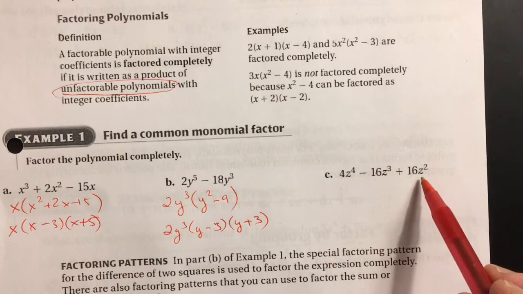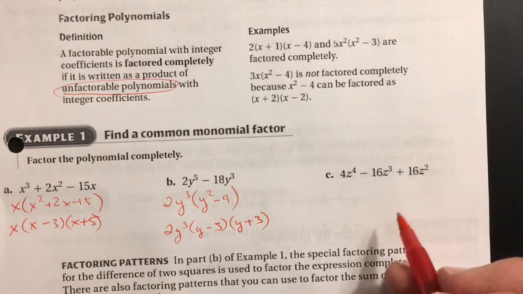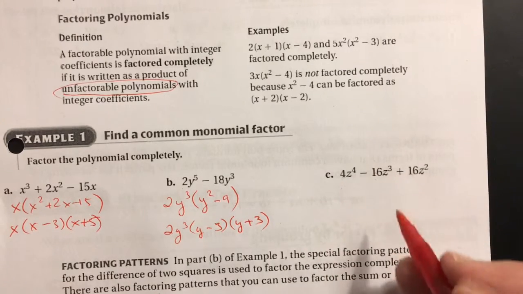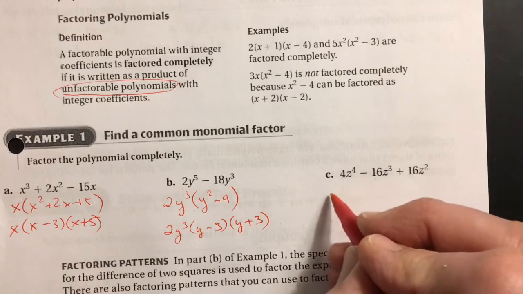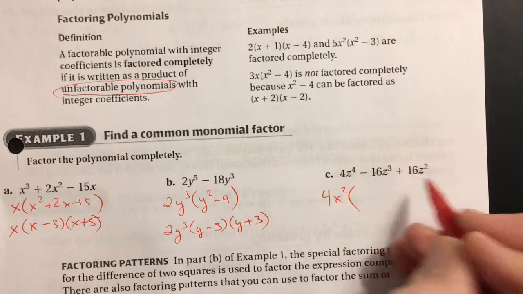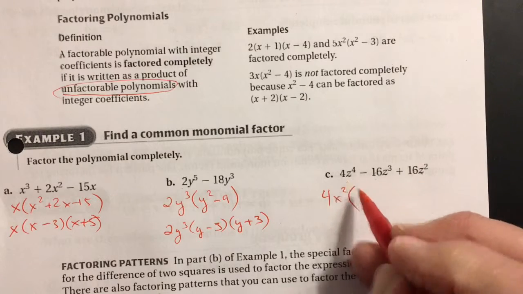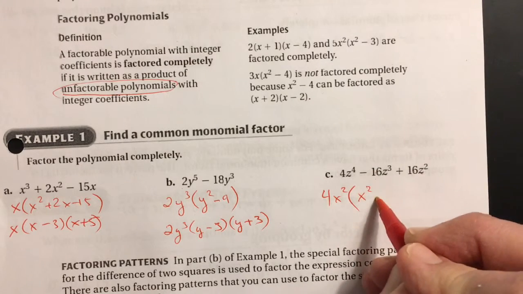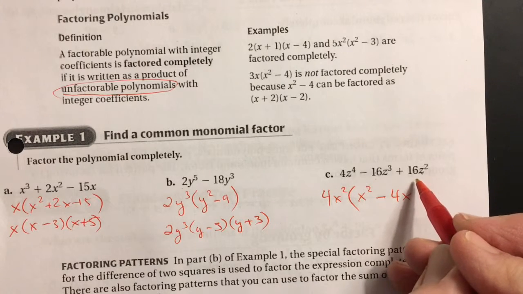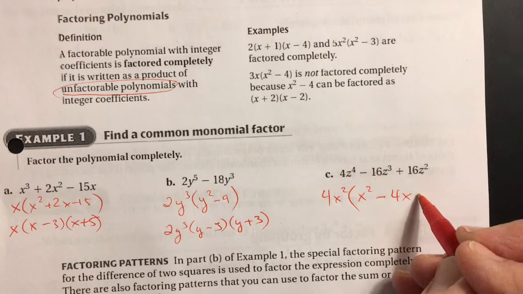Last one on this list, I think I got a 4 from all those, and z to the 4, z squared, so I can put a z squared. I'm going to write x. I don't like to write z's because sometimes they look like 2's, so I'm going to convert my variable to an x here. So I'll take out a 4x squared, and I know there's z's here, but bear with me. So this will become x squared minus 4x plus 4.